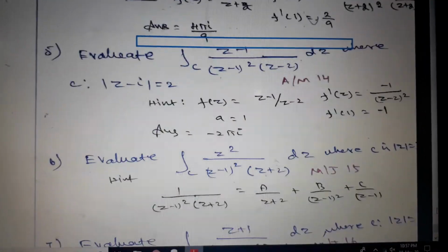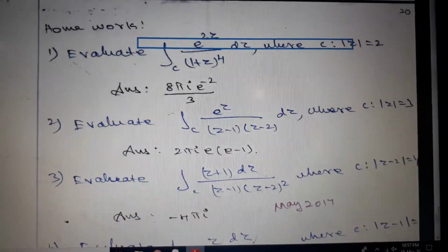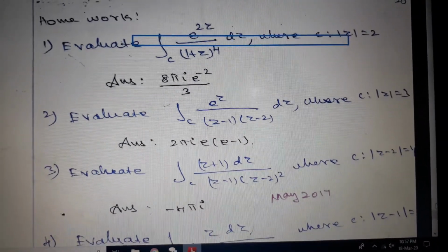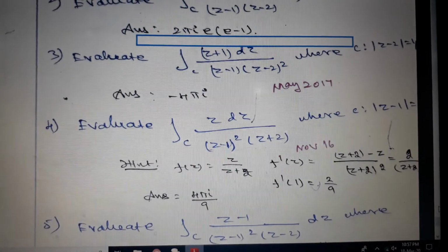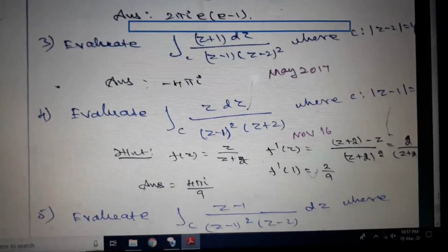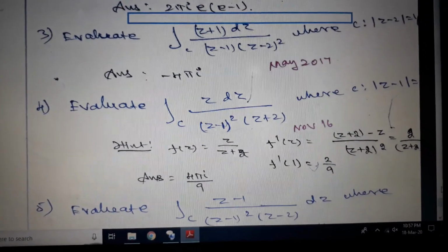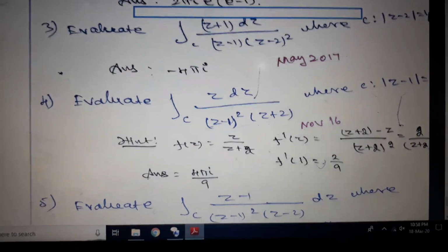At least the sixth problem you have to do, and one more problem. One is the sixth problem, another one is any other problem. Work it out, take a snapshot and send it to me.